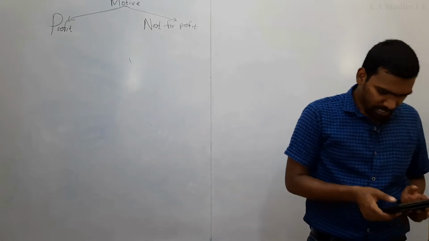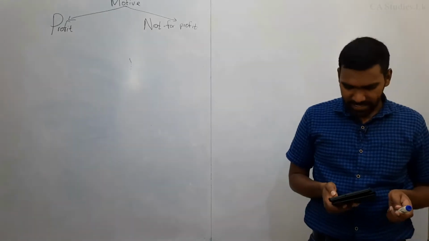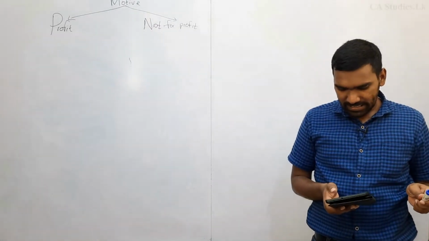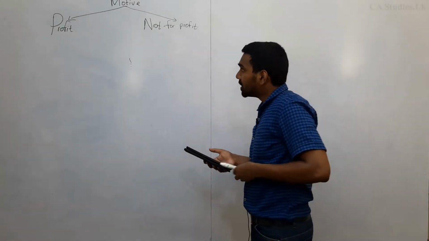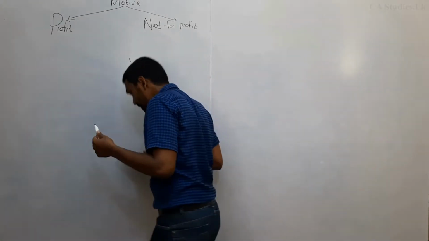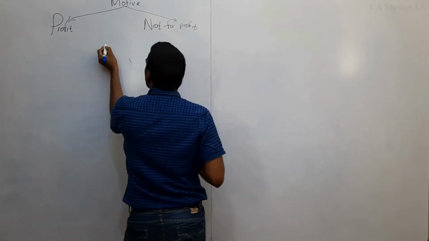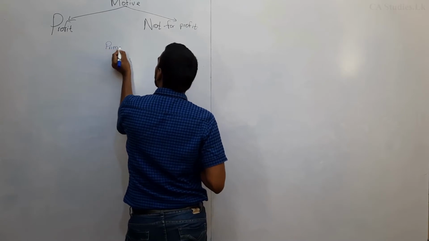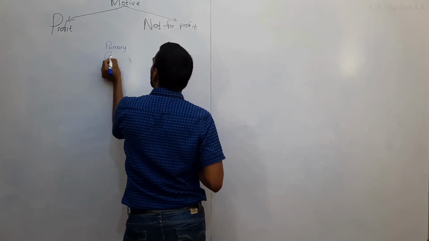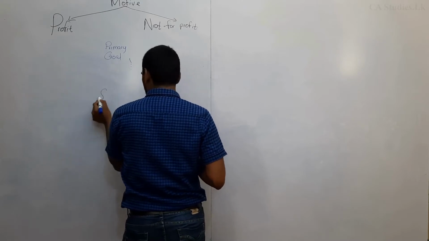So we will see a graph, or rather a chart, that has been given in the study pack, and we will discuss in detail what it means. Right? So this is profit oriented, and we have two objectives, which is primary goal and secondary goal.